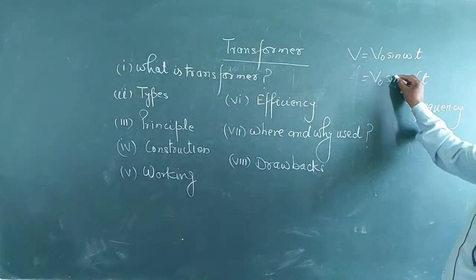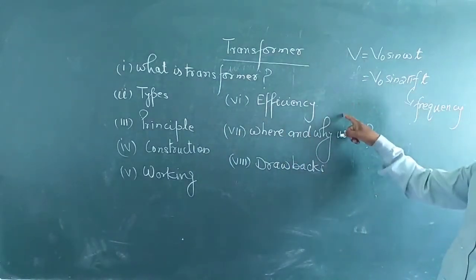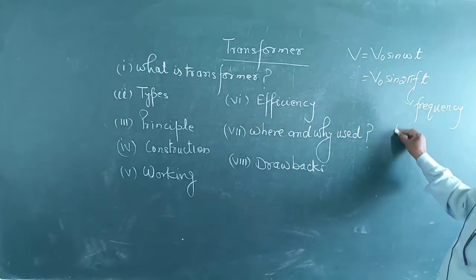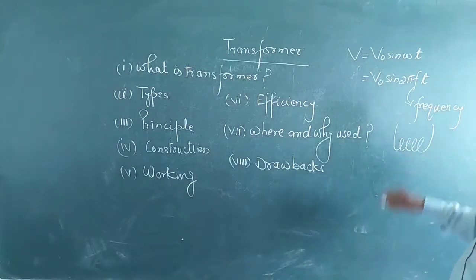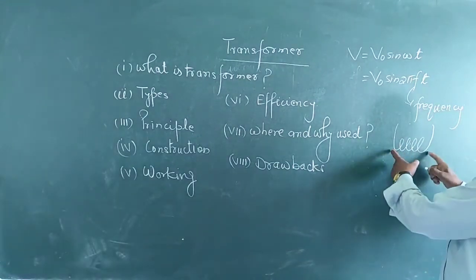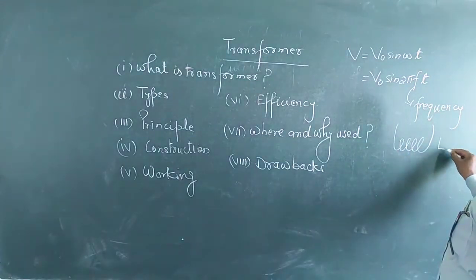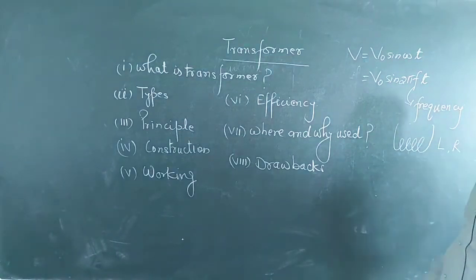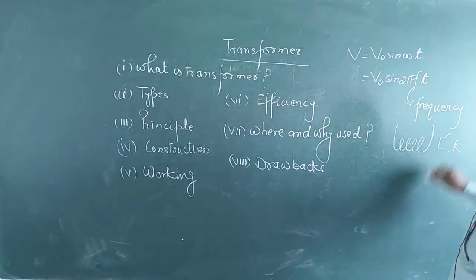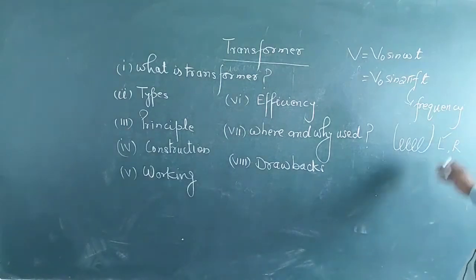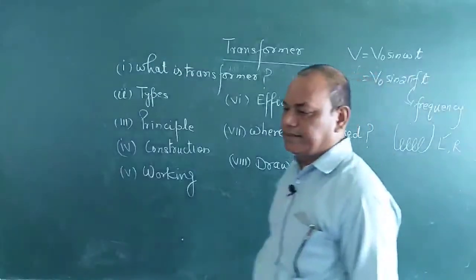Now here in transformer coils are used, and for this coil there is L and R. Two physical quantities L and R. L is called coefficient of self-induction and R is called its resistance.